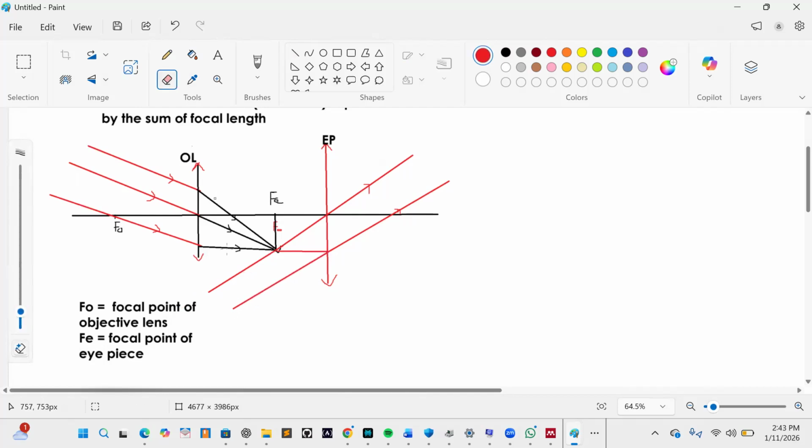Again, they are both convex lenses, and they're separated by the sum of the focal lengths, which gives us the Keplerian telescope. You can see the parallel rays coming from infinity first converge at the FO, which will coincide with the FE.